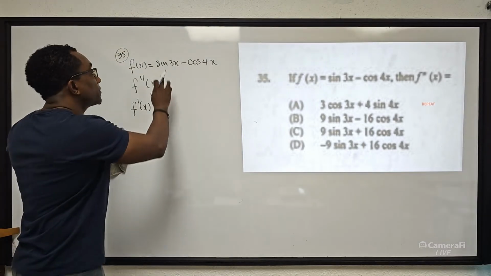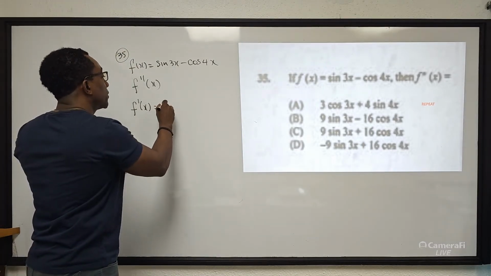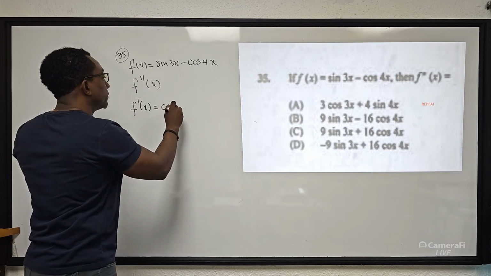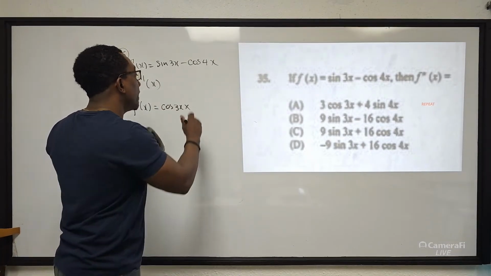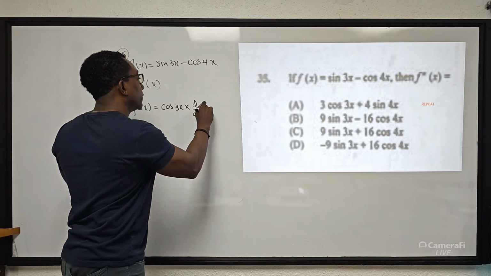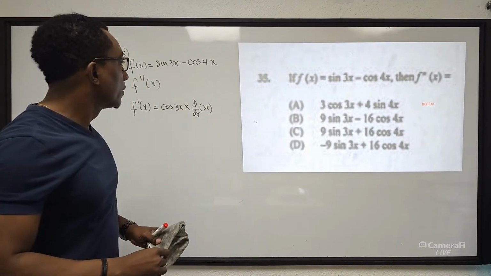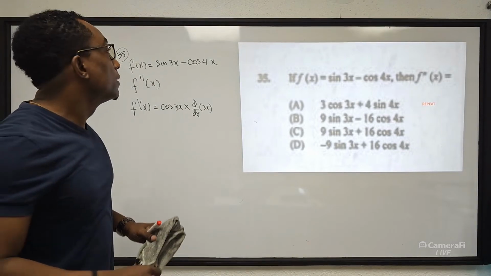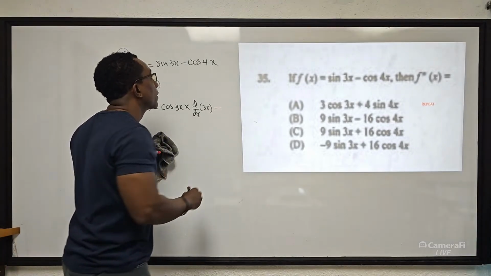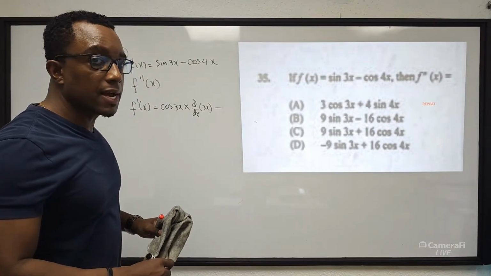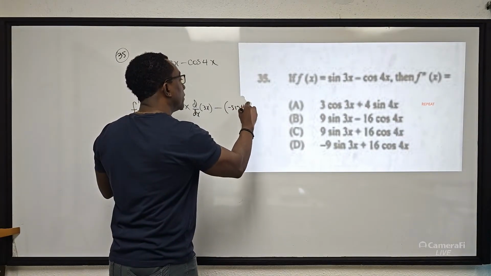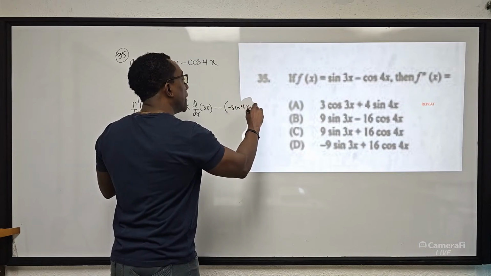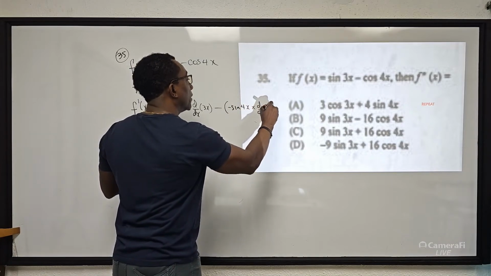The differential of sine the angle is cos the angle multiplied by the differential of the angle. Very important part to include. Subtract the differential of cos the angle, which is minus sine the angle, by the differential of the angle.